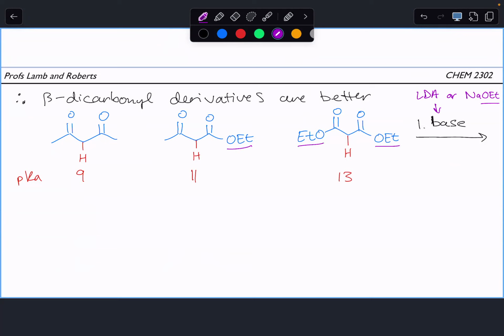Okay. So either of those two bases work because we have more acidic protons now. And then we can do our second step with our alkyl halide.